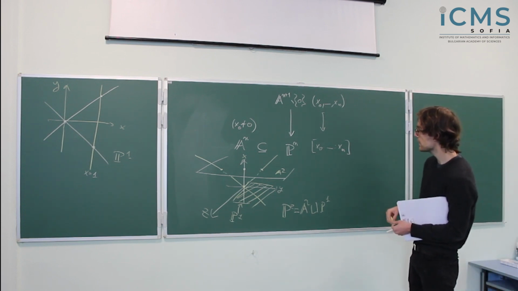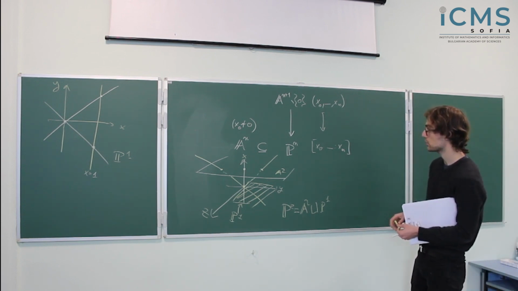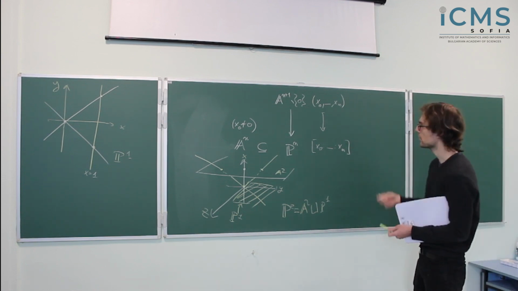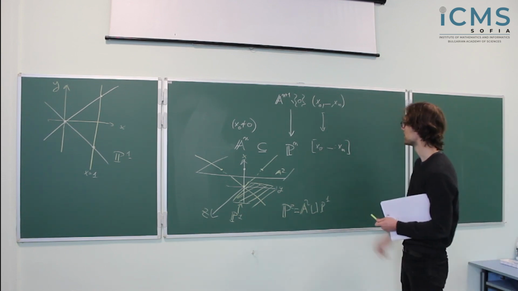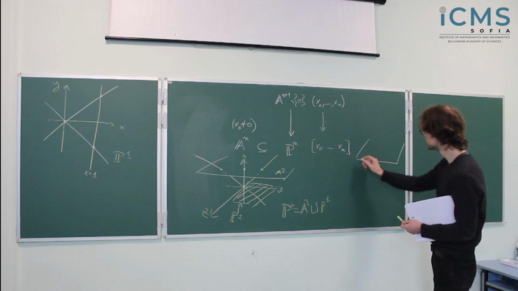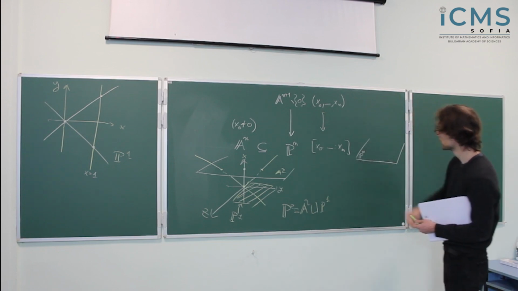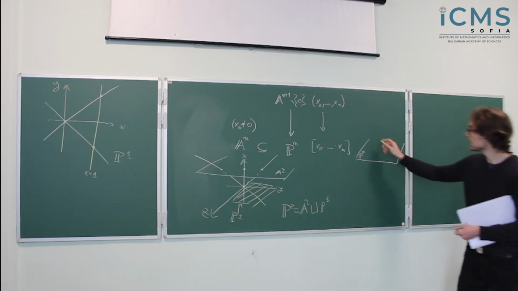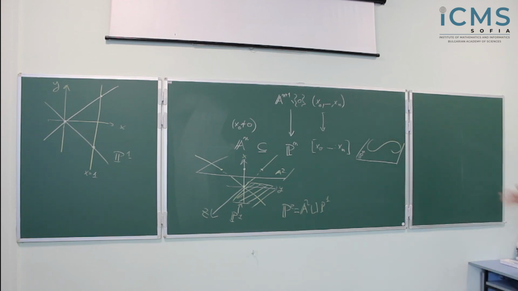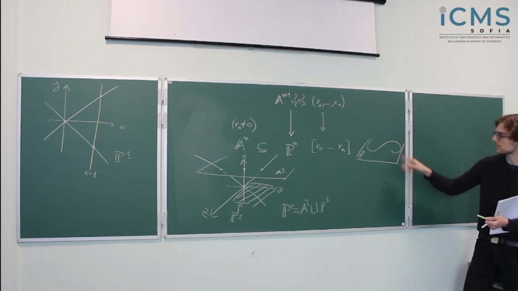Well, for that, we needed the idea of a projective cone, right? So if we had P^n somewhere here, we'd like to understand a projective, let's say, algebraic set inside of it.